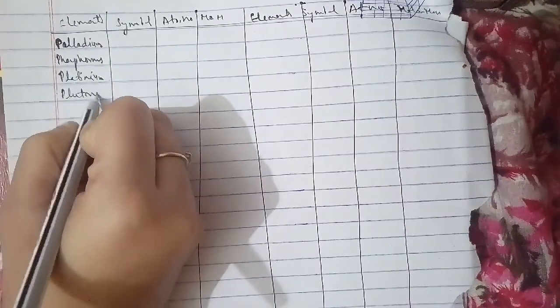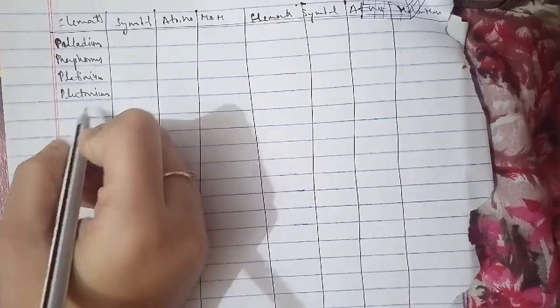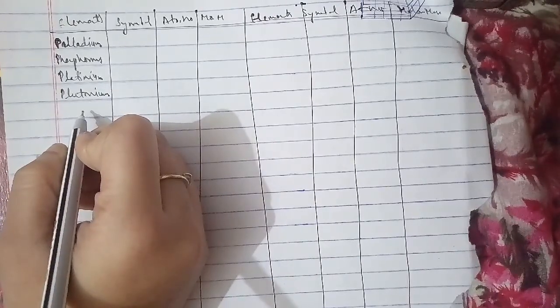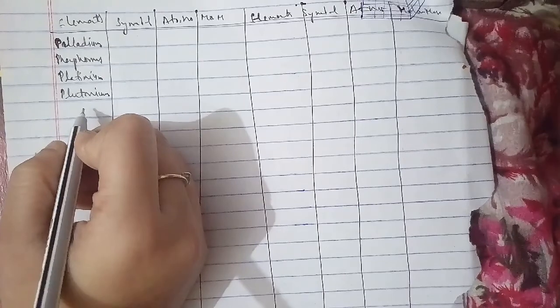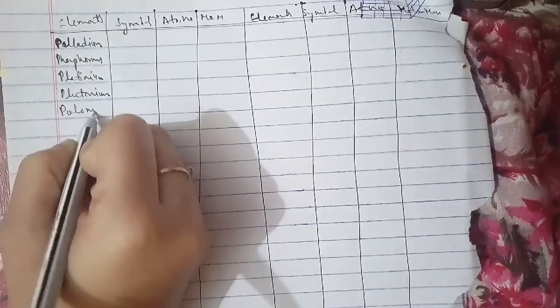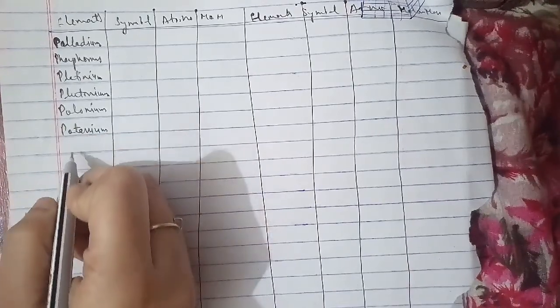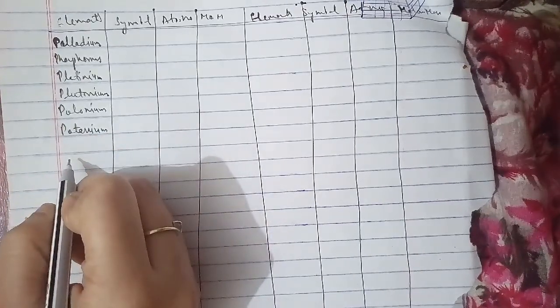After ruthenium, we have samarium. After samarium, we have scandium.